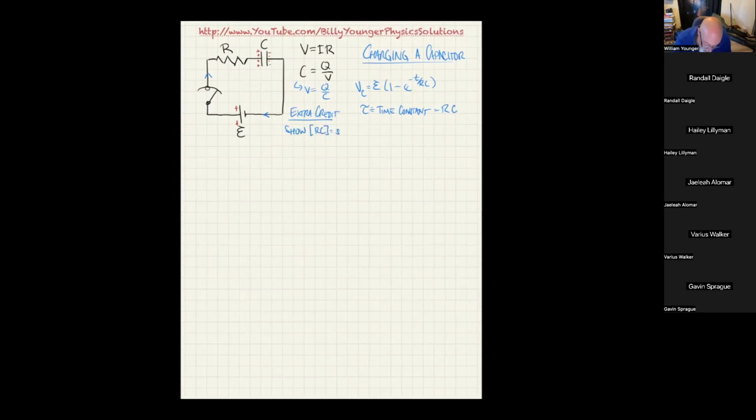Okay. Now, the other part you'll get, and this is a useful equation that we're going to make use of in a second with an example.